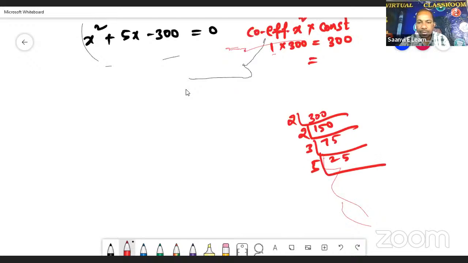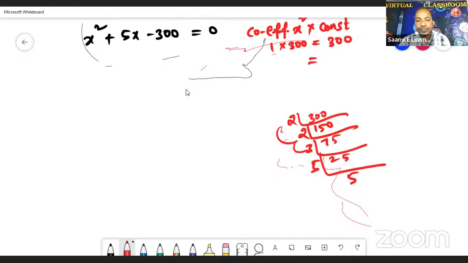Next, 5 table: 5 5s are 25, 2 2s are 4, 4 3s are 12. 5 5s are 25, but we need 5 here, no.